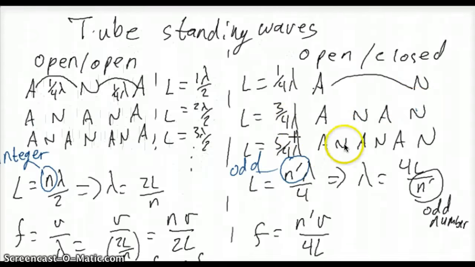And for this is 1/4, 2/4, 3/4, 4/4, and 5/4, like how it's written here. But for that, the integer will have to be an odd number. So the wavelength is going to be 4L over any odd number, and the frequency here would be any odd integer times the speed over 4L.